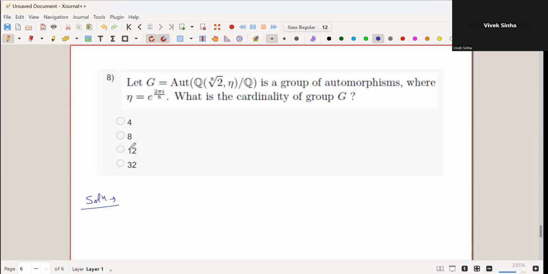So check that it's a finite Galois extension.